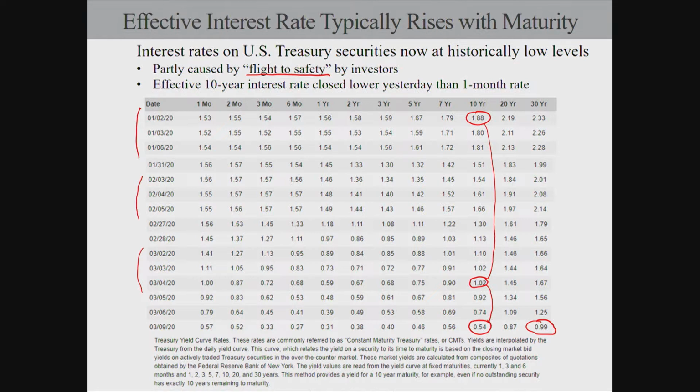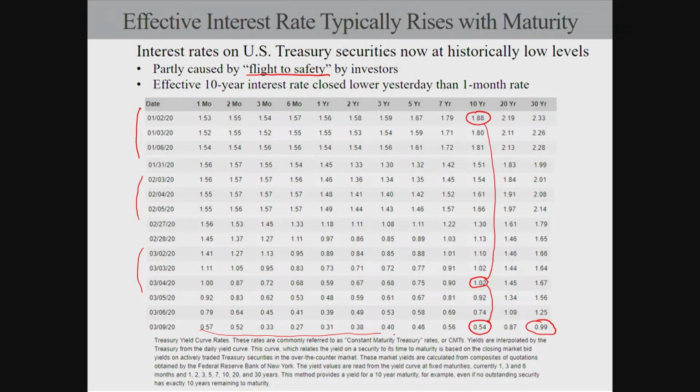So as the price for bonds goes up, the effective interest rates are falling. It is incredible how low interest rates have gone. And as you can see, basically all of these interest rates are below 1%.